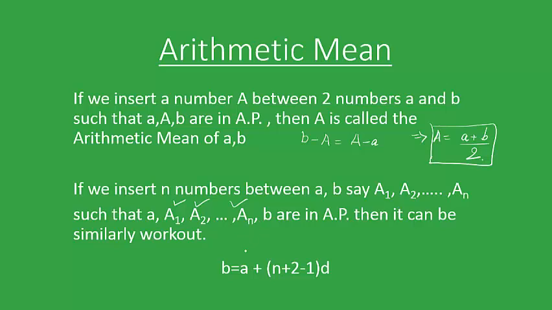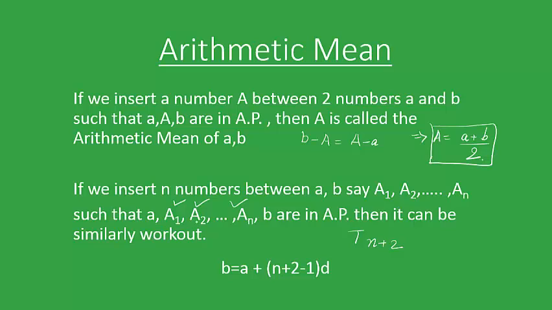To find out the formula, just write this particular equation. To understand this equation, this is just simply writing the general term, and the term which is written here is that of n plus 2, that is, we have written t(n+2).